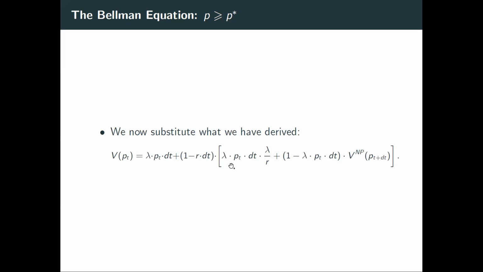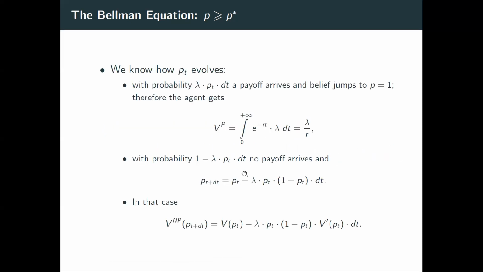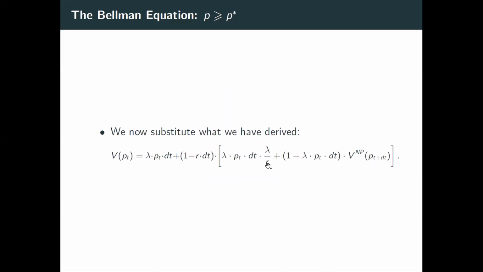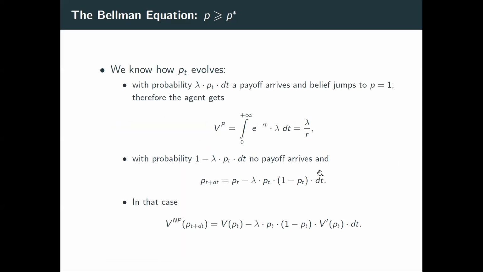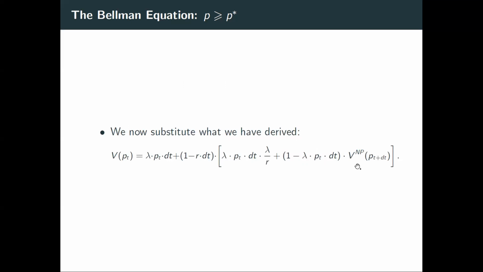That is, with probability lambda times pt times dt, we get exactly this value, lambda divided by r. So this is the first term here when we take the expectation, and with the remaining probability, we do not have an arrival, and what we get is exactly this value. I wrote exactly this value function because I just do not have enough space to substitute what we obtain.